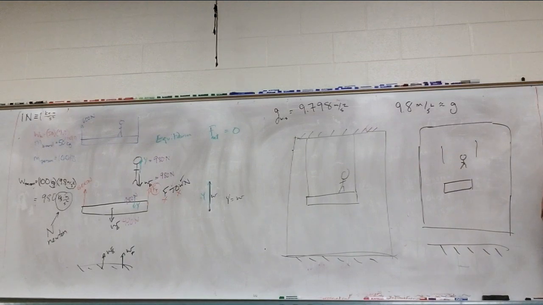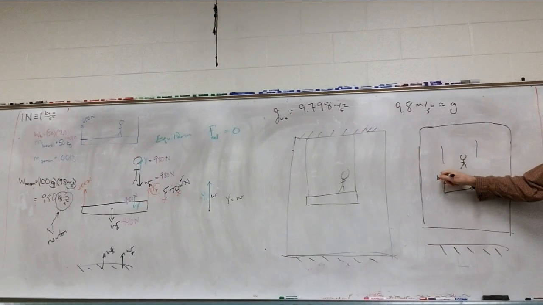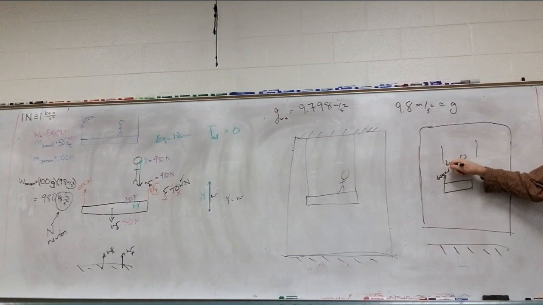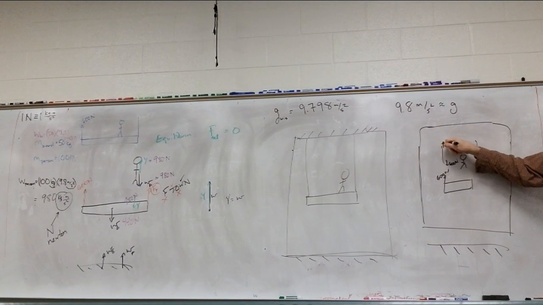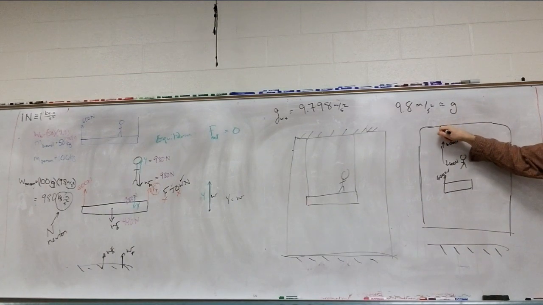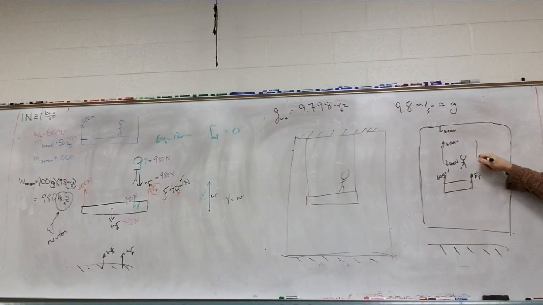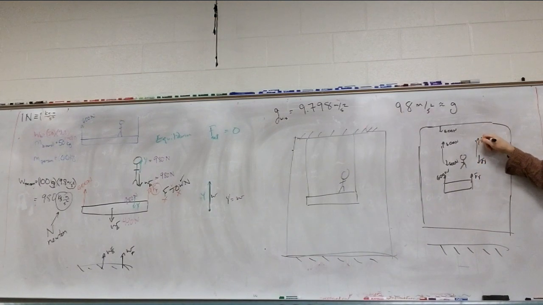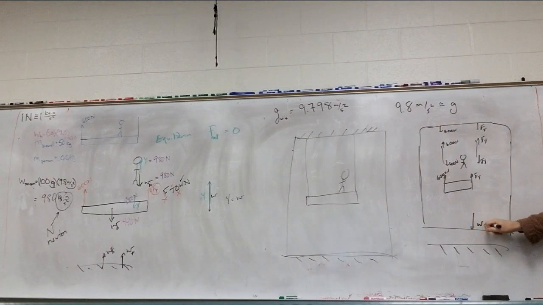So what I really care about is just the board. That's the main thing. But we have a tension acting up here. We have a tension acting down here. We have a tension acting up here. We have a tension acting down here. We have some tension acting here, tension acting here, tension acting here, tension acting here. We have a weight of the building.